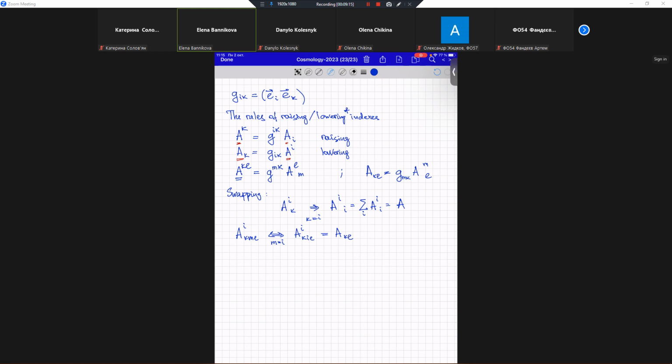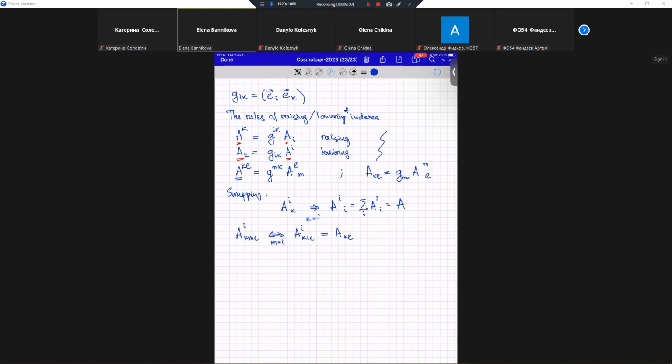This is an operation. We can multiply tensors, we can consider summation of them, and it can be proved, and it is understandable, that if you write the transformation of the final object from one coordinate system to another, you will see that it really behaves like a tensor.